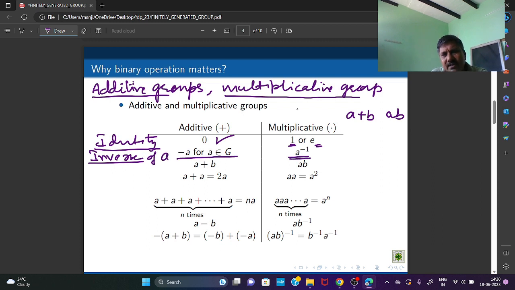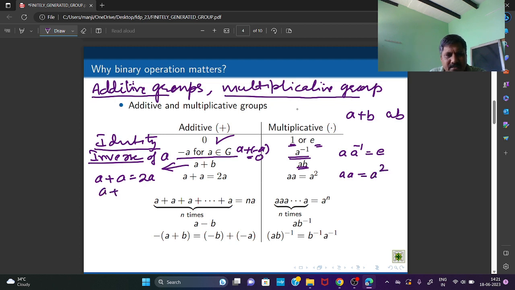In multiplication, the inverse of a is a raised to the power minus 1, because a times a inverse equals e, whereas here a plus minus a is 0. So these are notational. In addition we write a plus a, in multiplication we write aa. Therefore a plus a can be written as 2a, and in the same way a into a can be written as a squared.